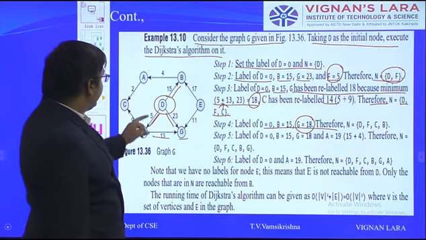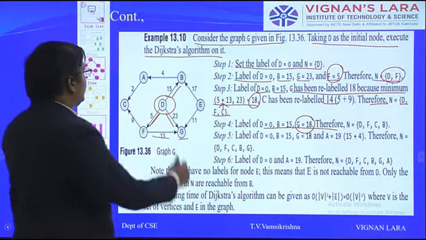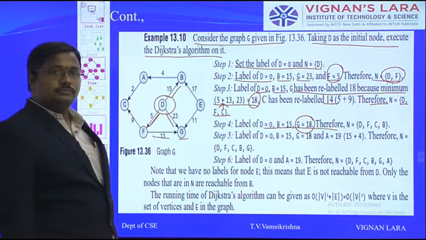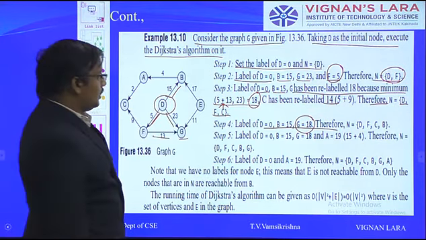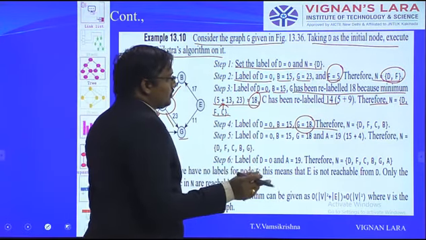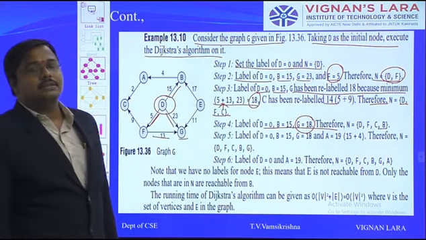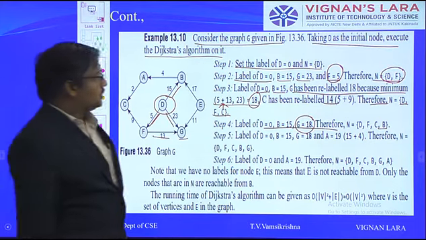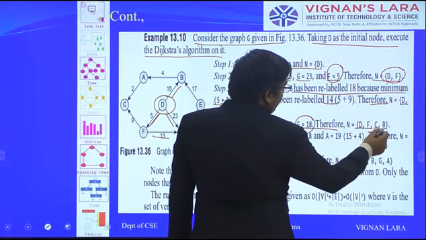How are we getting 18? 5 plus 13, 18. And here D to B is 15. We want to consider both. That's why B is selected now. So till now we have visited D, then F, then C, then B.